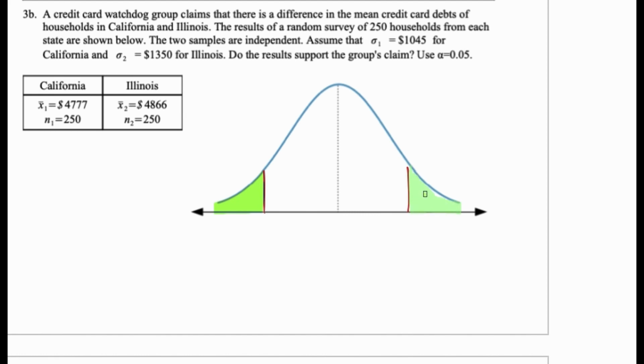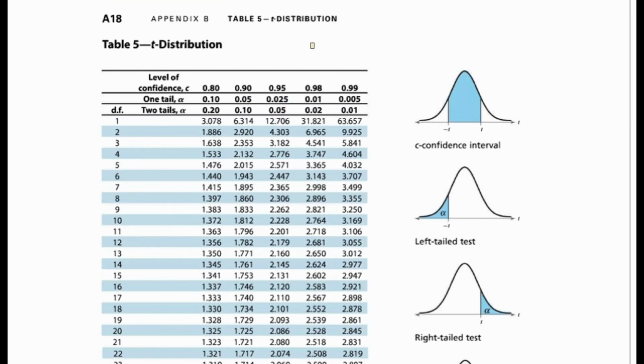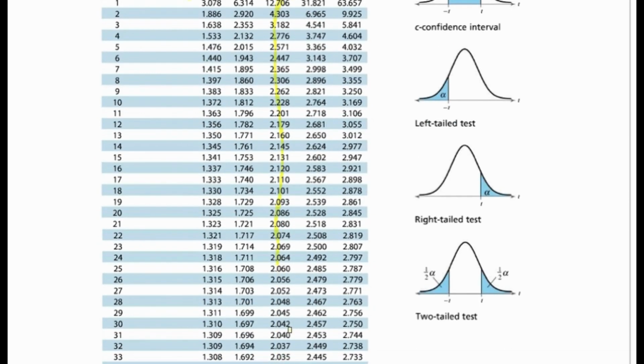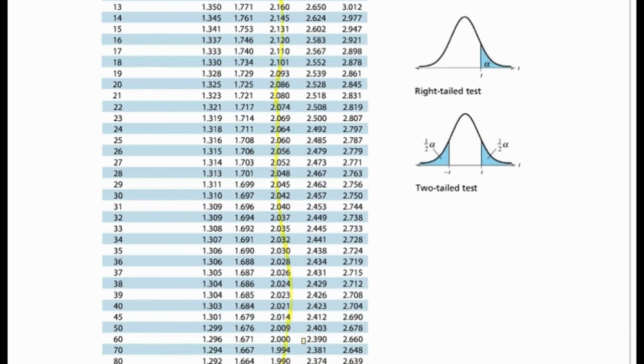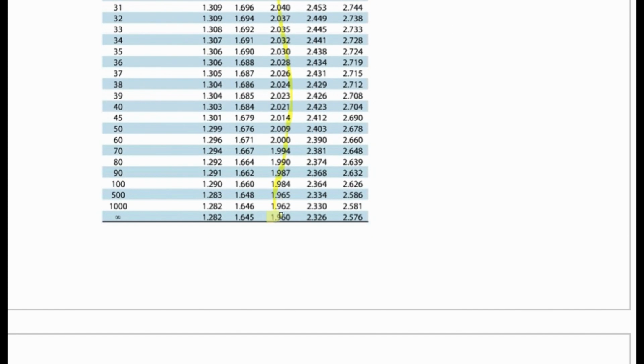We have an alpha level of 0.05 and two tails. I'll go to the formula sheets. Here's two tails. Here's a level of 0.05. Let's trace that down. We will go all the way to the bottom because we're not using T, we're using Z at this point. So 1.96 is going to be our ZC for this test.